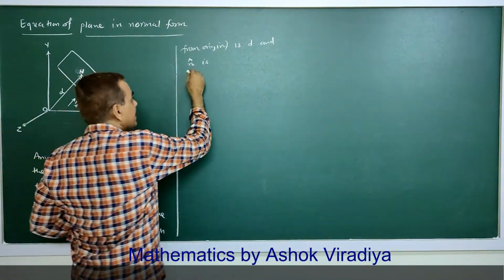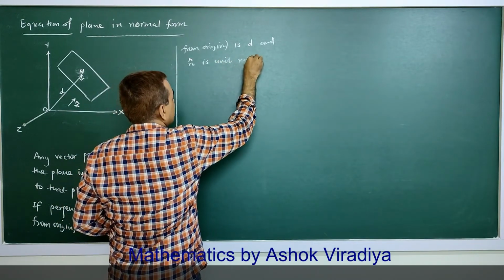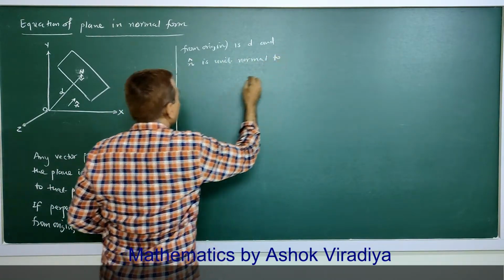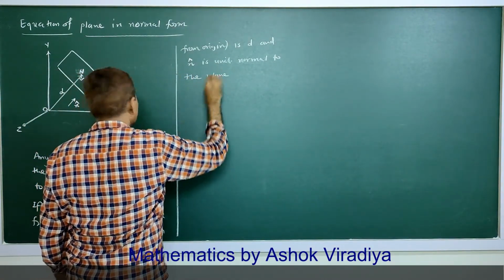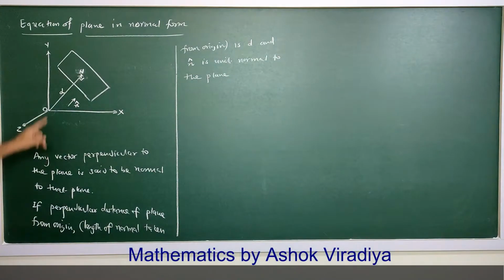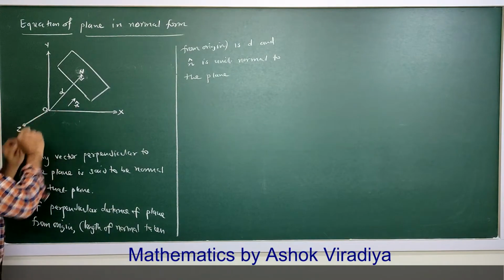So n cap is the unit normal to the plane. So D is the distance or length of normal or length of ON, and this is a unit normal.